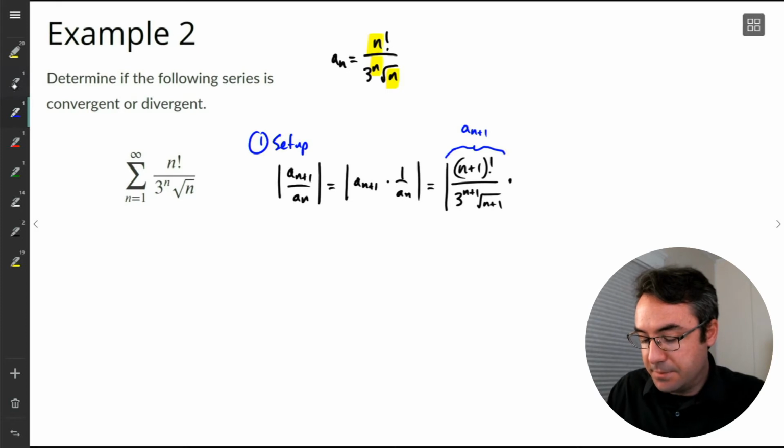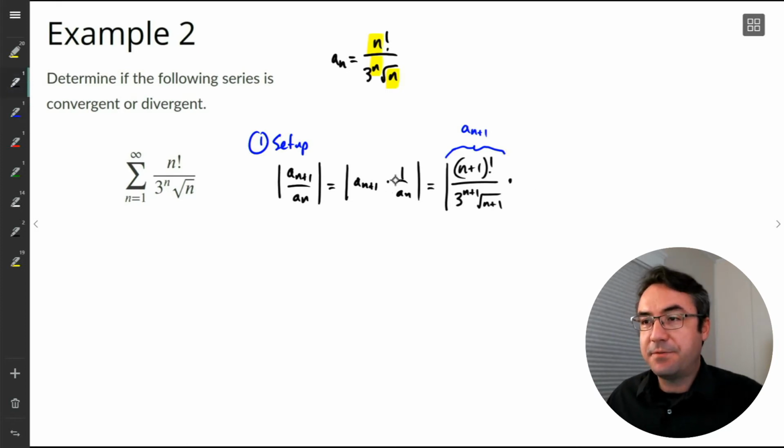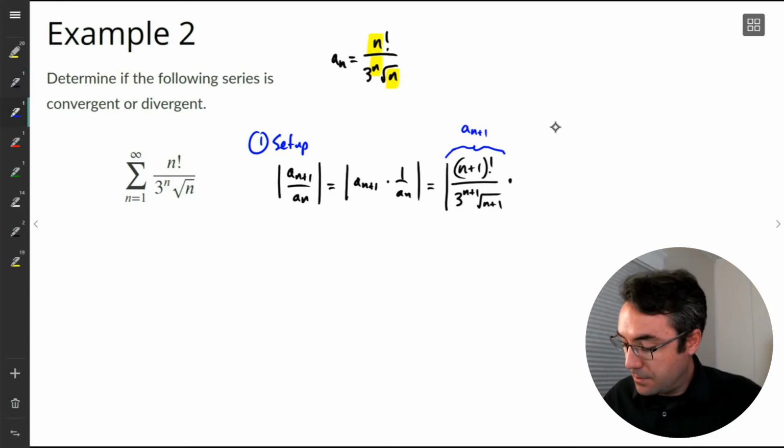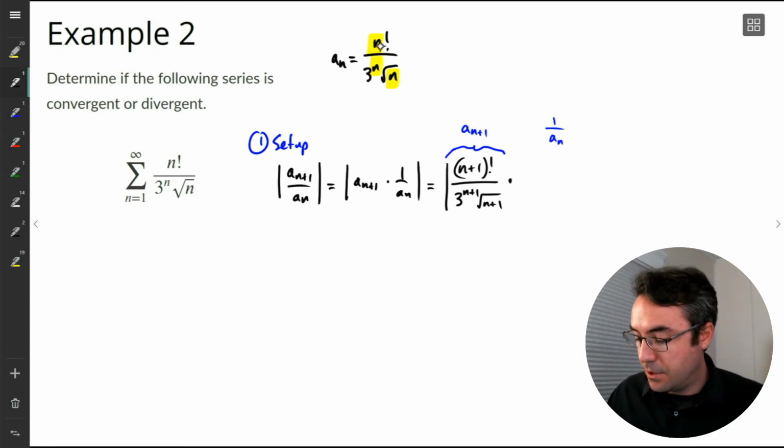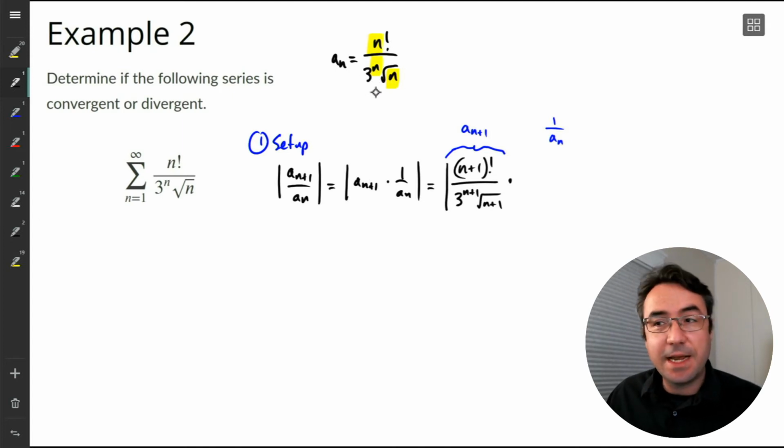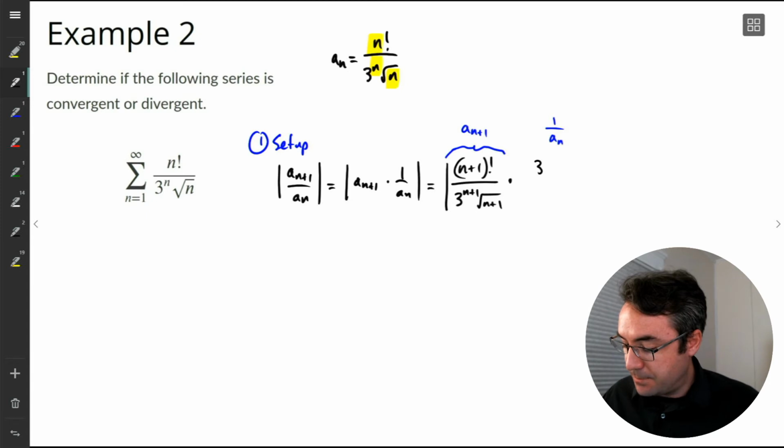All right, so what comes after that? Well, what comes after is the reciprocal of a_n. So we just take our a_n term that we wrote up here and we flip it. So 3 to the n times the square root of n was in the denominator. In the reciprocal, those are going into the numerator.